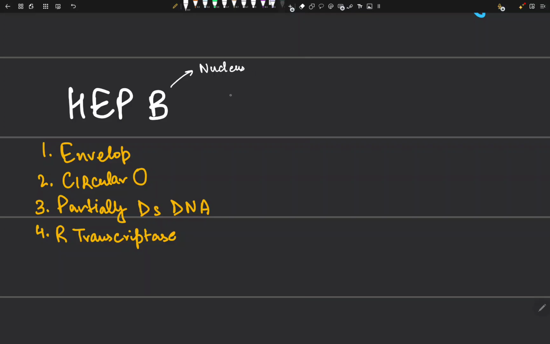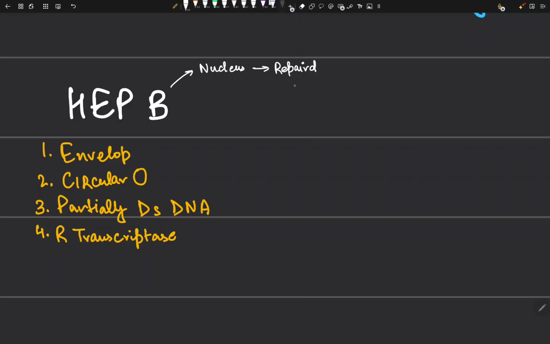It gets repaired into fully double-stranded circular DNA. It's partially double-stranded, and then it's repaired, and now we get a fully double-stranded circular DNA.